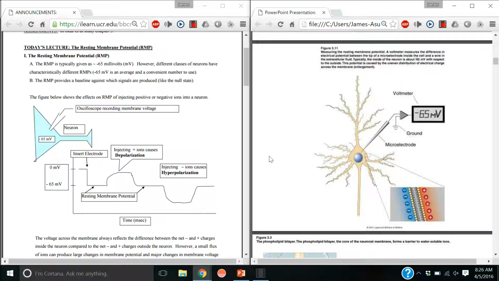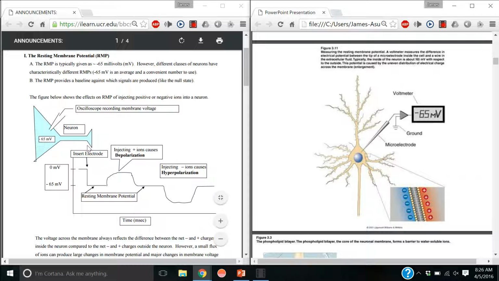This represents a neuron, a symbolic representation of the neuron at rest.